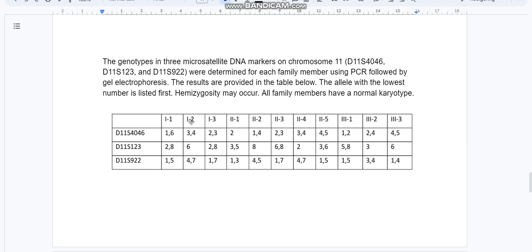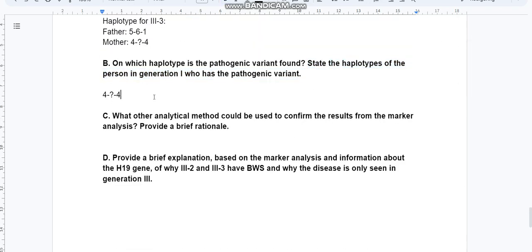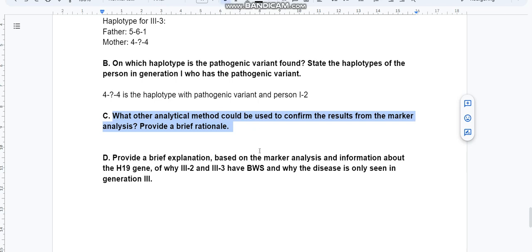So it is quite obvious that in generation 1, 2, this is the person who has the haplotype with the pathogenic variant, and they are talking about person 1, 2.